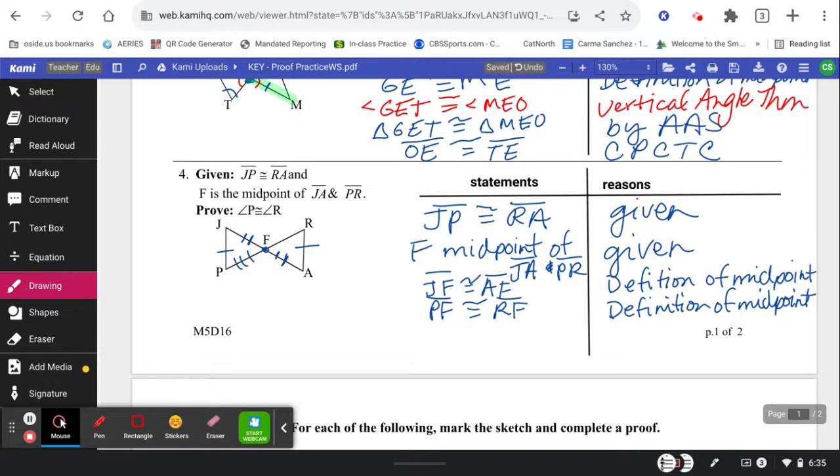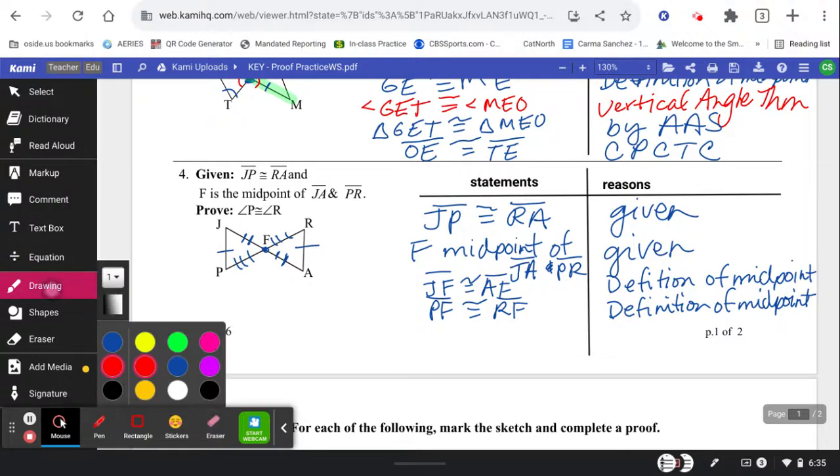So do I have enough for triangle congruency now? Yes, I've got three sides that are congruent. I didn't even talk about the vertical angles. I could have used that as well, but I don't need to because I already have enough for triangle congruency just by side, side, side.